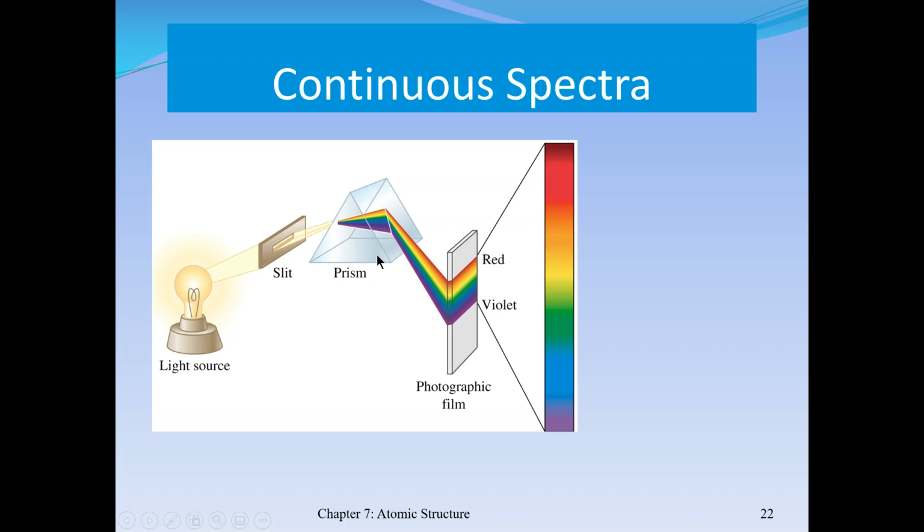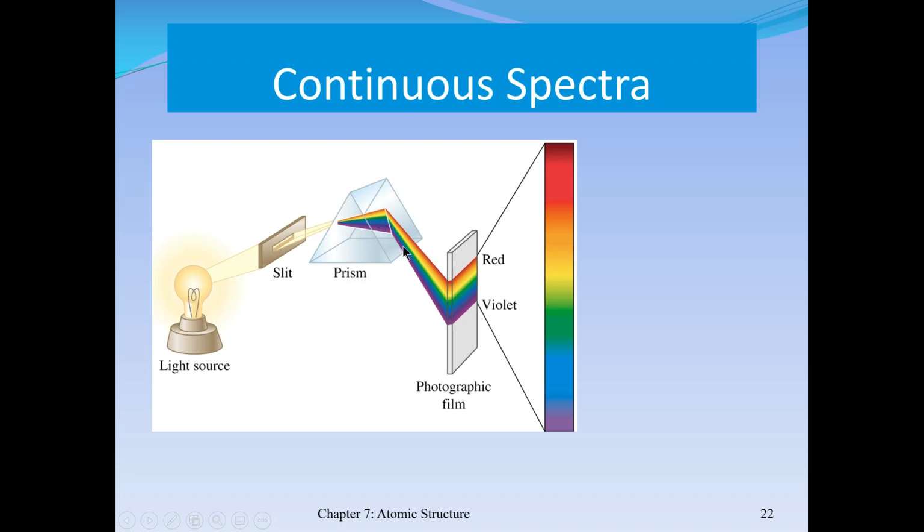This prism can be made out of plastic or glass. And what happens as the light passes through the prism is that it undergoes what we call refraction, which basically means that the light bends as it passes through the prism. And what you'll find is that the different forms of light will experience different levels of refraction, and that is the basis for the separation of the white light into the different colors right here.